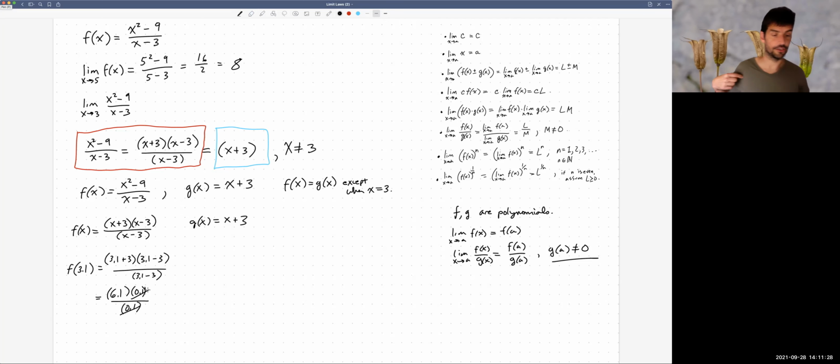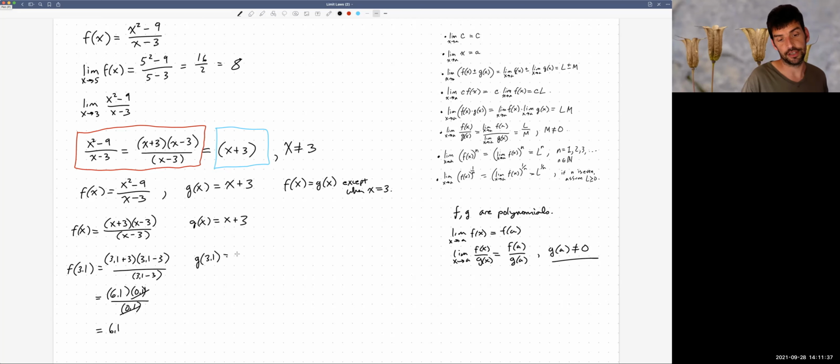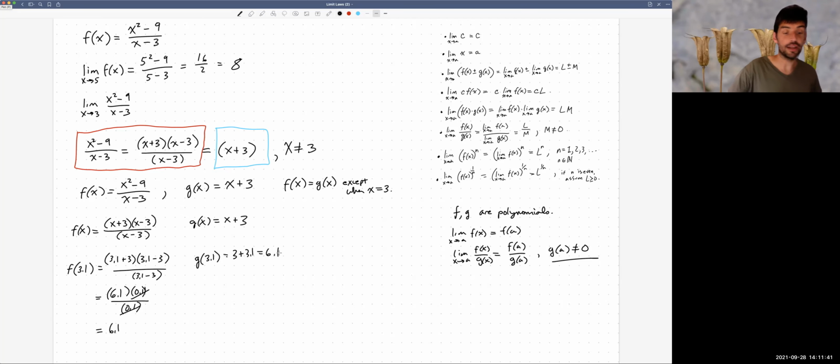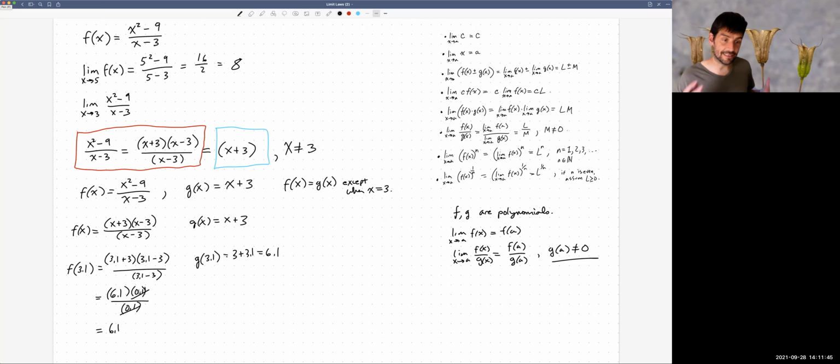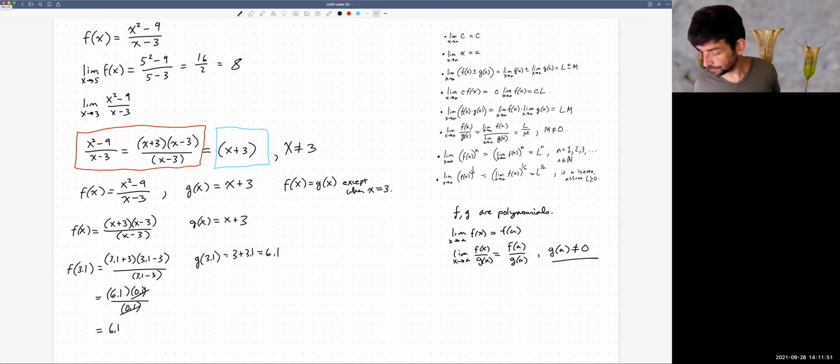This cancels, right? And we end up with 6.1, just like g of 3.1 is equal to 3 plus 3.1, or 6.1, right? So any number you put in, we can always cancel this factor, except when that factor is 0. So these two functions are exactly the same everywhere else.